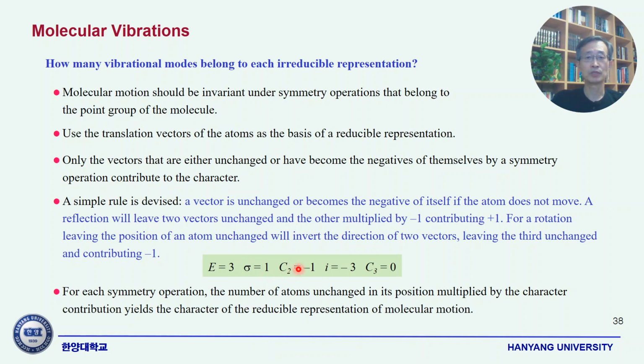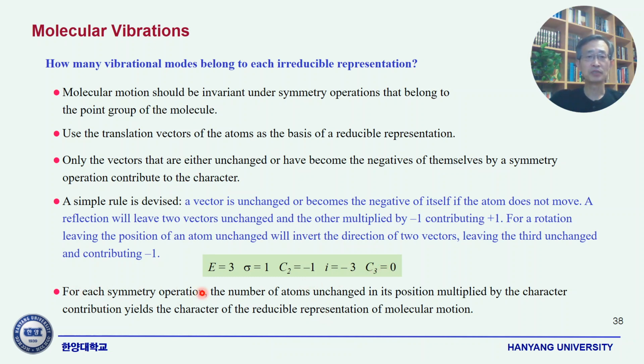The C2 operation, just as I said, is -1. And in terms of inversion, all three coordinates change sign, so -3. And for the C3 operation, if the atom doesn't move, the contribution is 0, because there is a way you can find that out. Let's just accept it, because it will complicate the lecture, but that's it.